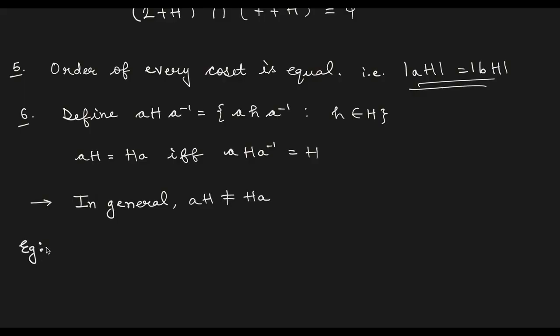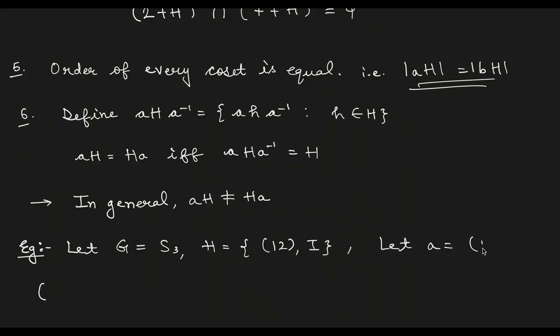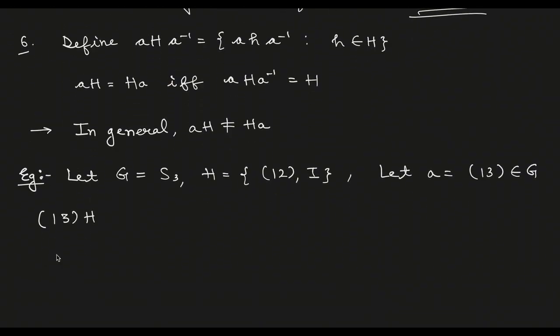For example, let group G be S3 and H be 1, 2, identity. Now, if I take element a as 1, 3 from group G, then I will calculate 1, 3 H left coset and then right coset.